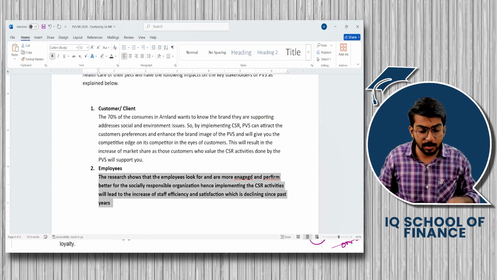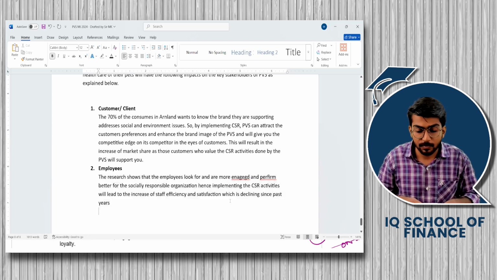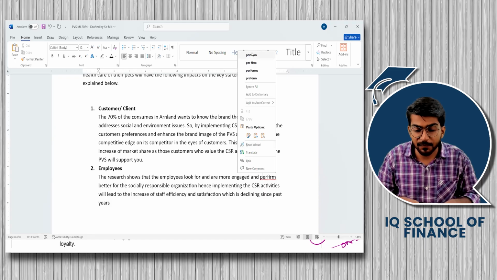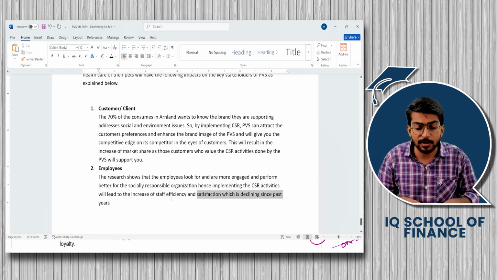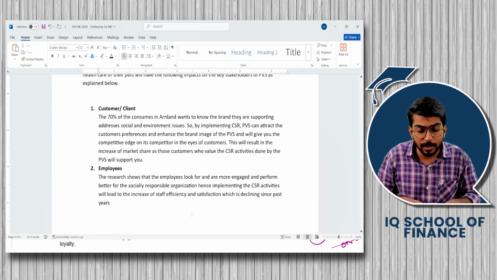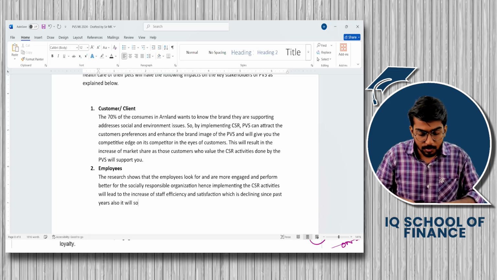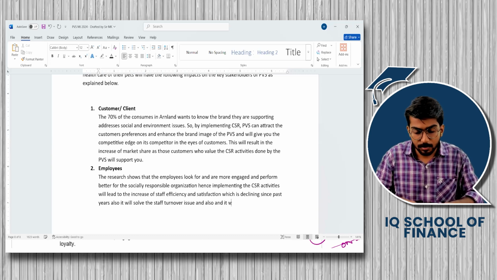So now, Shoaib, you were asking about the linkage with the pre-seen information. See how I have linked it with the pre-seen information that the satisfaction index was declining in past years, right? So it will increase it, which is currently declining, right? Also, it will solve the staff turnover issue, and also it will increase the productivity.